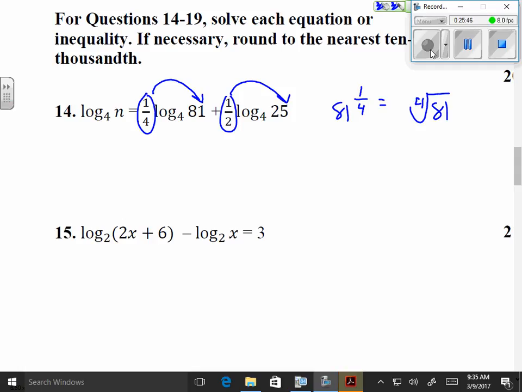So if 81 is the same as 3 to the 4th, and I want the 4th root of 3 to the 4th, well, that's just 3. So this becomes log base 4 of just 3.